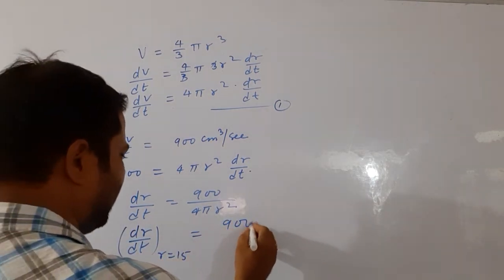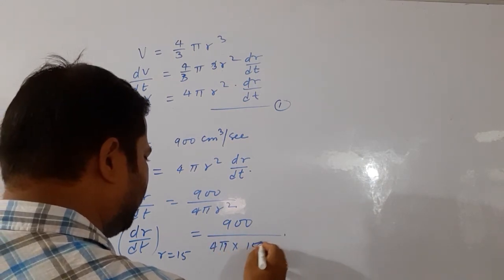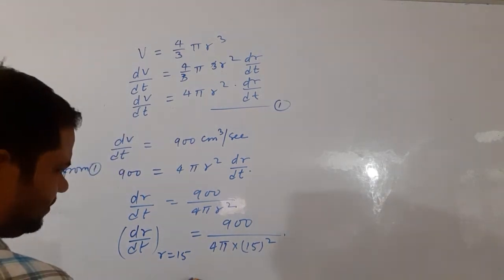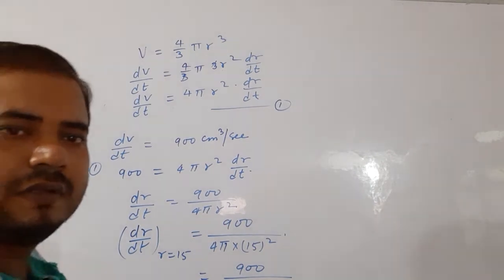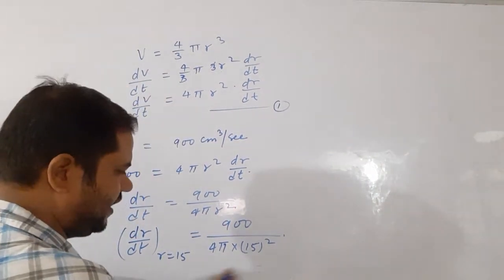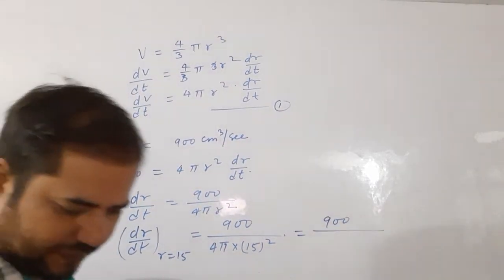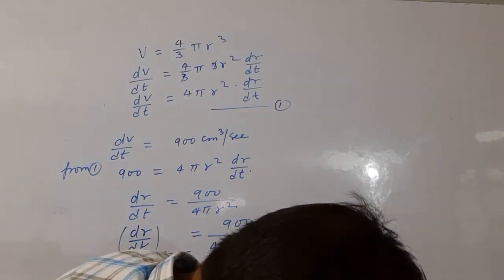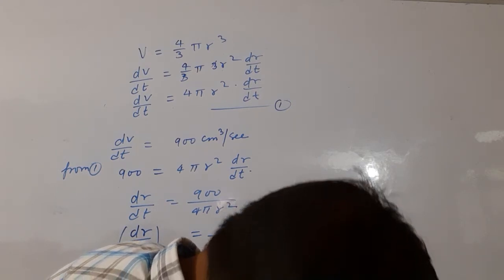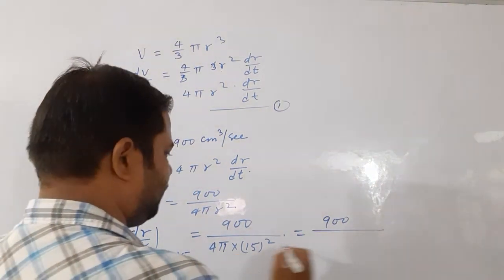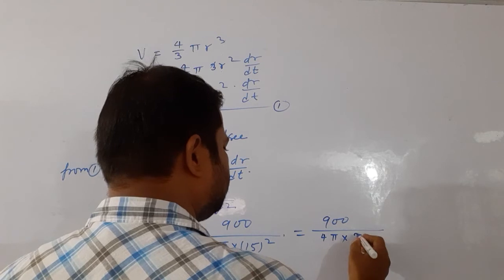We have 900 divided by 4 into pi into 15 whole square. So this is 900 divided by 4 pi into 225.